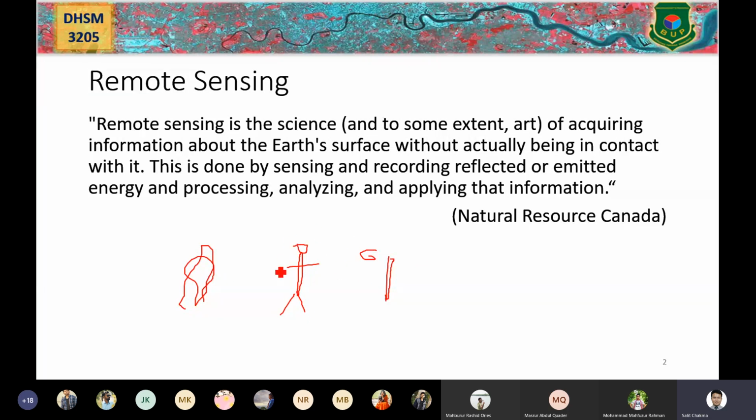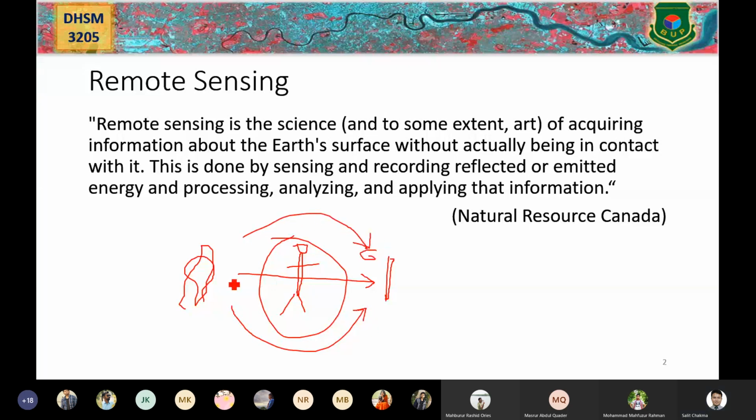So there could be two possibilities. Two sorts of error could arise from this scenario. One error could be that you are blocking this energy. That means you are absorbing some of the energy from the fire, the energy that should be falling directly onto the thermometer. So you are absorbing and blocking some of the energy. The other energy goes around and is still sensed by the thermometer, but not the direct one, because you are in the way.